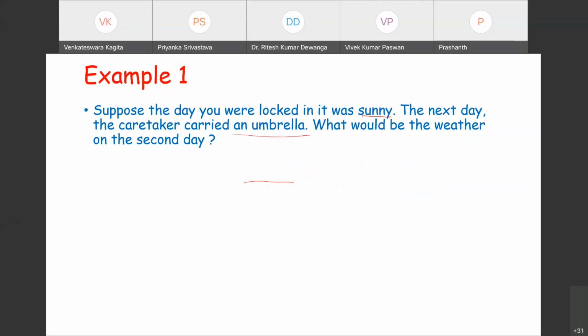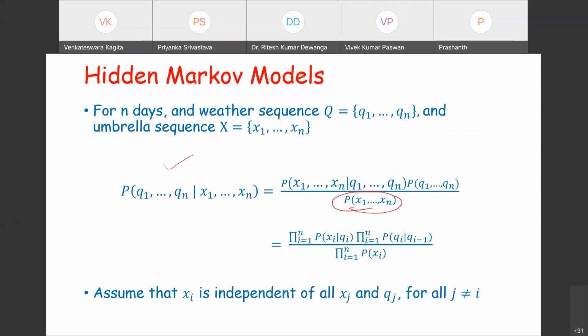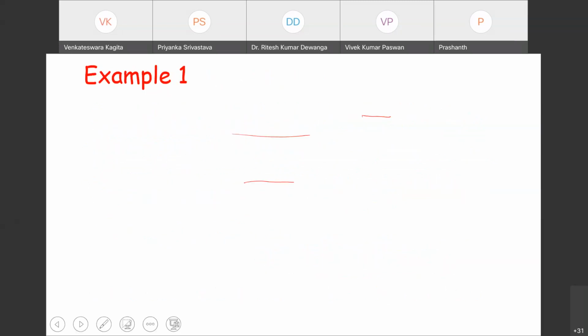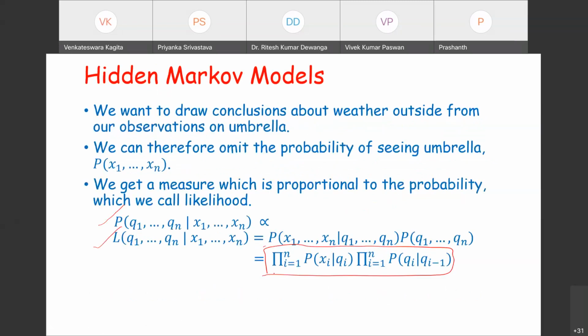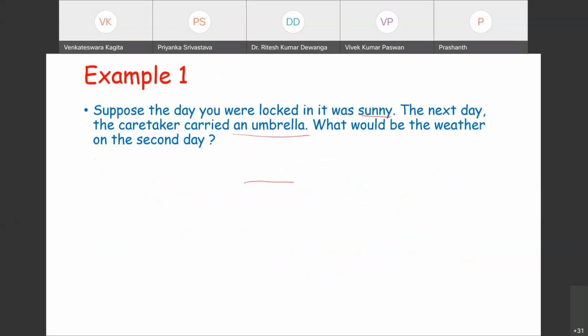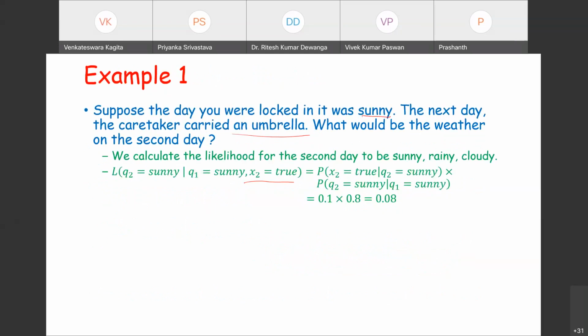If you want, I can show you that again. Yeah, sorry. This one: product over probability of Xi given Qi, product over Qi given Qi minus 1. Okay, so Xi given Qi and Q2 given Q1. Right, this is equivalent to 0.08.